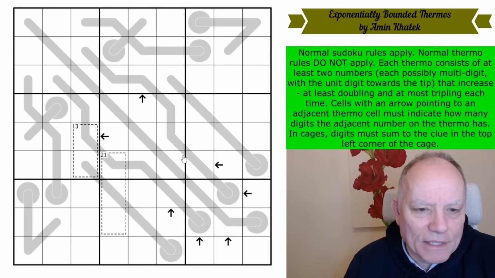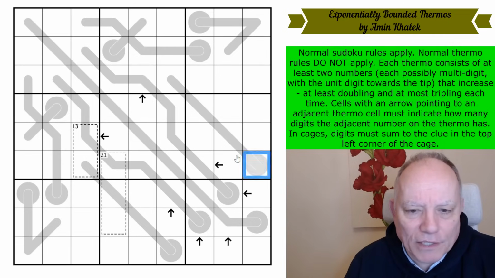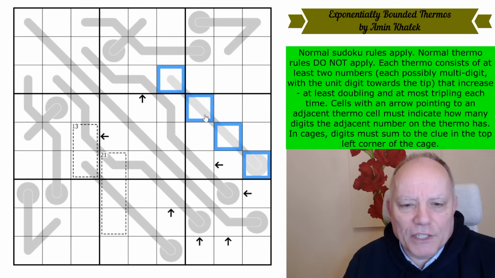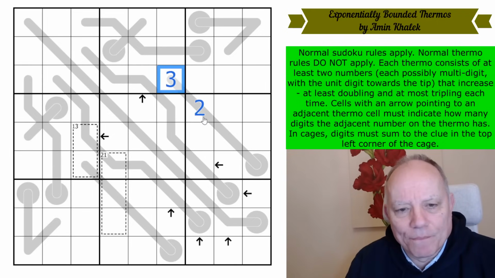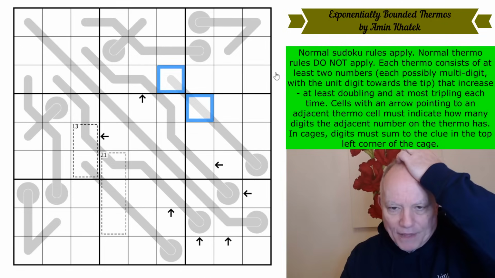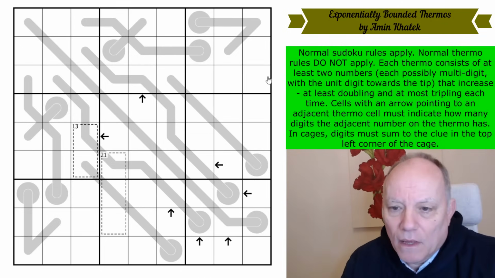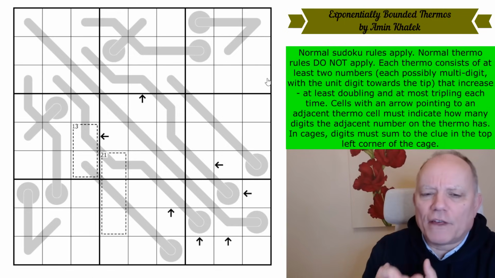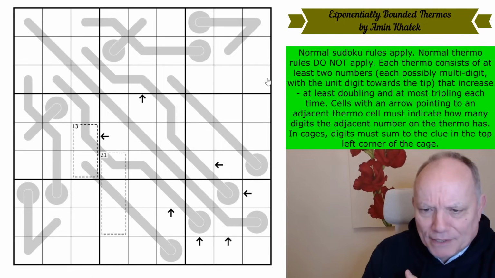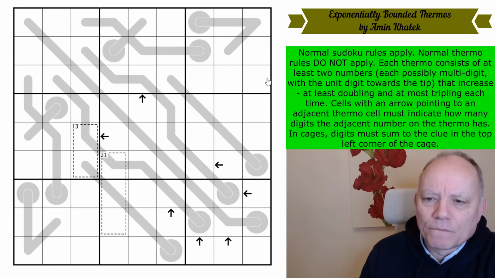And that means that if, let's just take this thermo, if it finished with a 2-cell number, say 23, the 2 would be there and the 3 would be there. And that would be a multi-digit number with its units digit towards the tip. So the numbers could be single digit or multi-digit. I think they'll always be integers, because normal Sudoku rules apply.